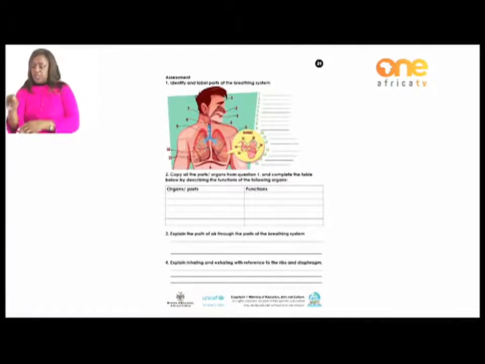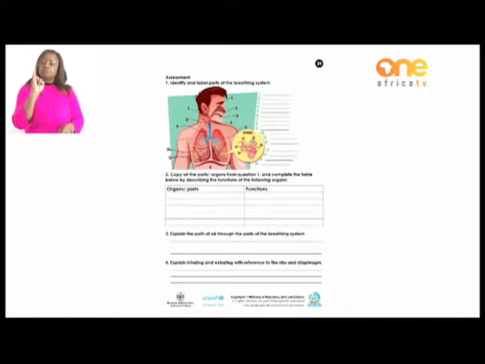The table doesn't have up to number 16, but you're only going to look at the basic ones, the functions that you have previously discussed, which are the nasal cavity, voice box, windpipe, ribs, and the diaphragm. You don't have to give the functions that we haven't looked at. You only give the functions that we have learned today.